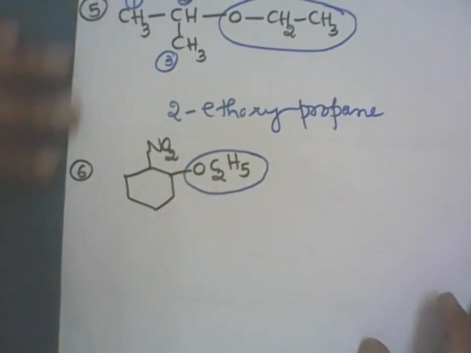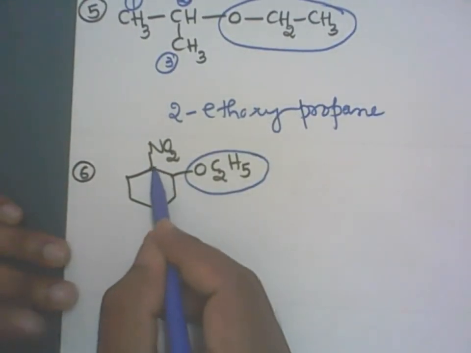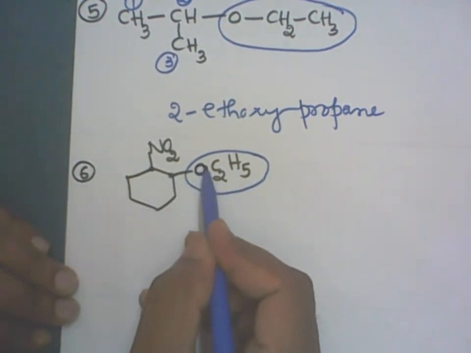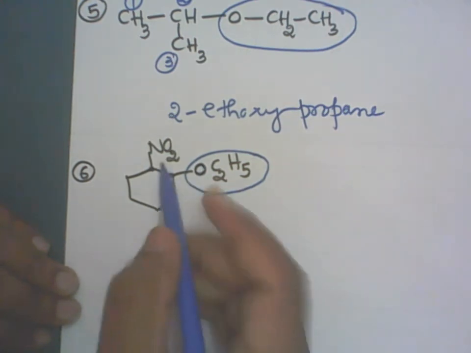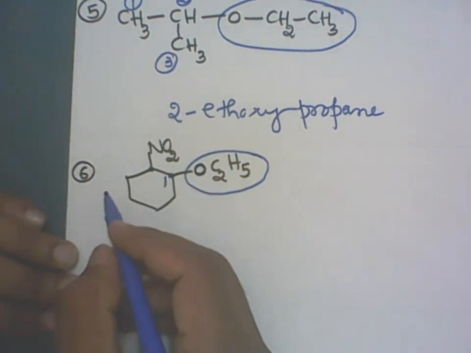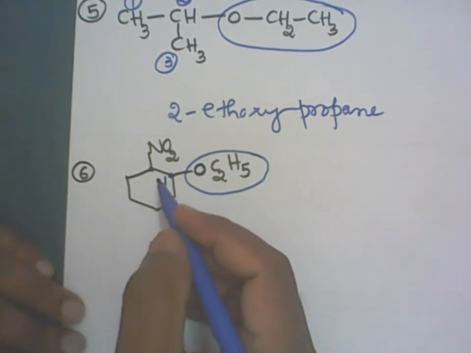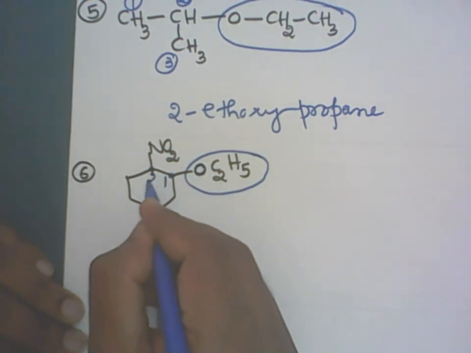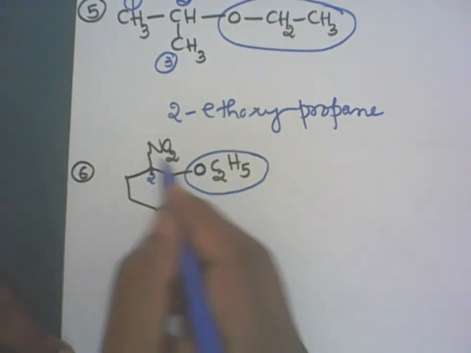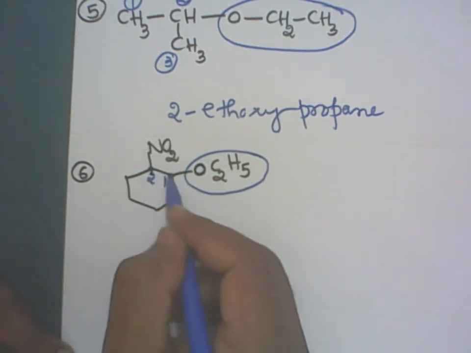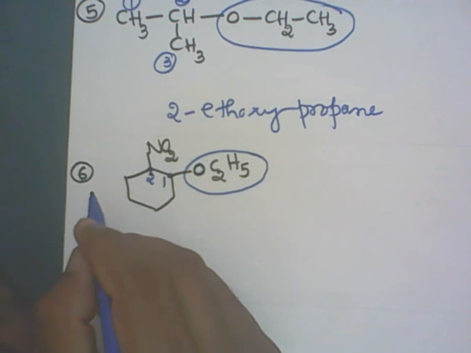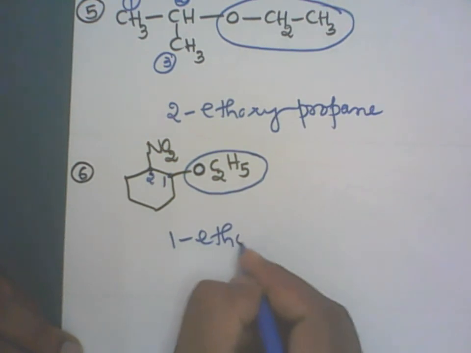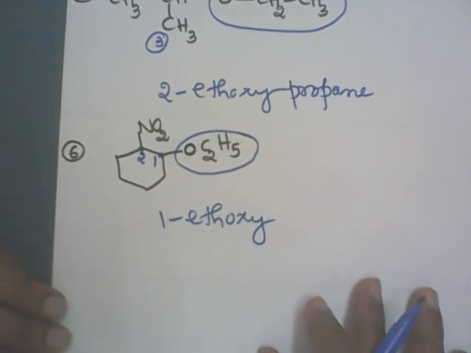Now in this case, this carbon atom has only one substituent, but there is a functional group here. Give preference to the carbon atom containing the functional group, carbon number 1. Then go in the anti-clockwise direction, so that I get the substituent on the lower number carbon atom. This should be the numbering, with the minimum number given to the substituent on the cyclic group. So this is the ethoxy on carbon number 1. 1-ethoxy. Correct?